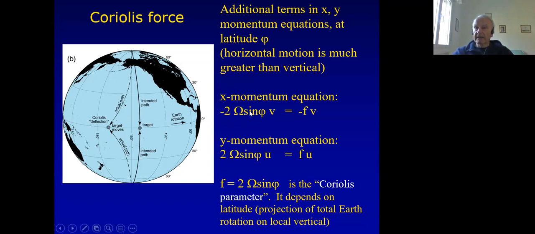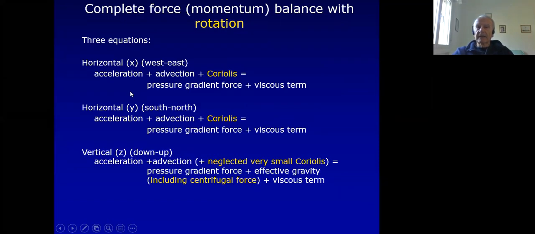So these are the two terms which we introduce into the momentum equation. Going back to what I started to talk about, these three equations, the equations of motion, three components of the equations of motion. We have introduced the Coriolis term, where we neglected this very small Coriolis term.